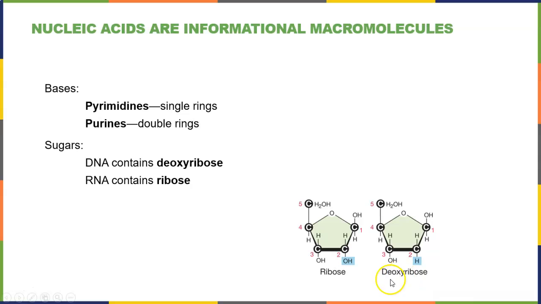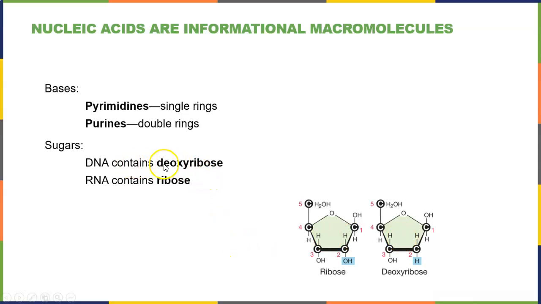And so is deoxyribose. But look to the right, and what you see is deoxyribose. The only difference is that it's missing an oxygen, so it's been deoxygenated, kind of. These are the sugars that are part of the components of either DNA or RNA.